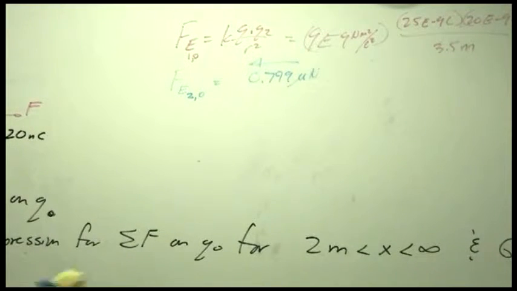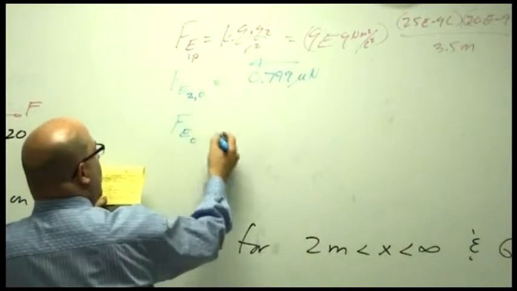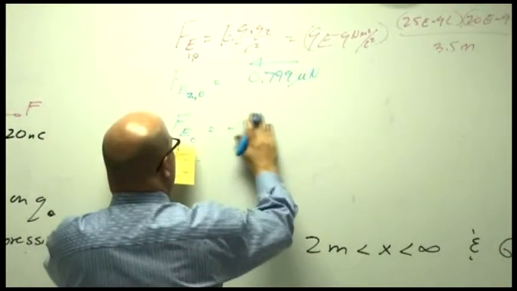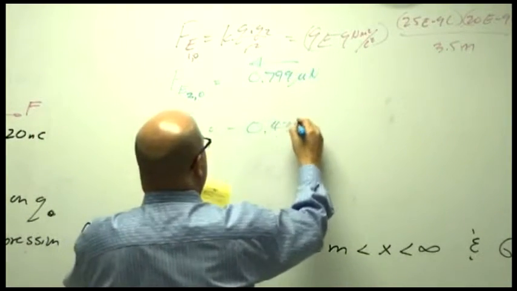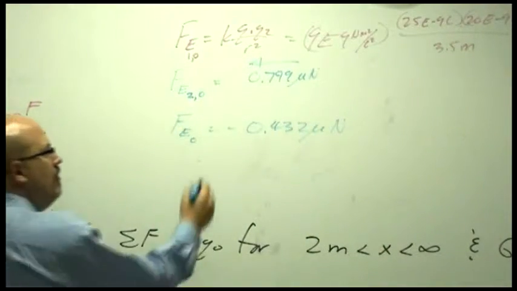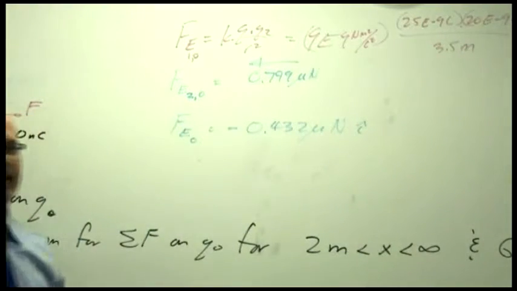So we end up with a net force, Fe on charge 0, of negative 0.432 micronewtons. Everybody okay with that? And that is in the negative direction. I'm going to put a little i here, so it's in the negative i direction, to the left.